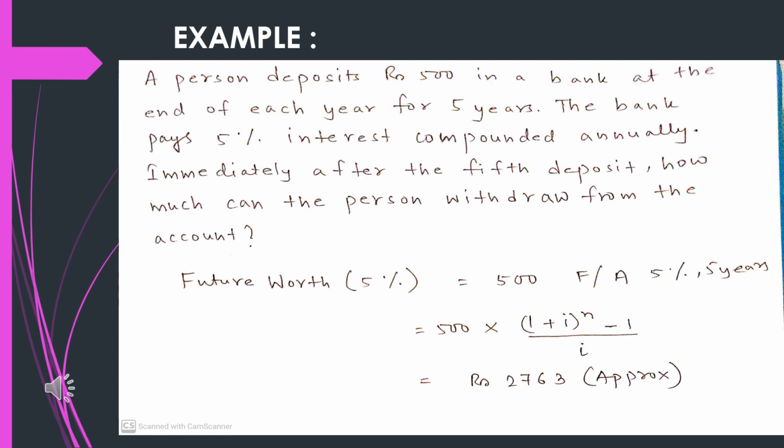We can transfer the value of 500 with the formula (1 plus i) to the power n minus 1, divided by i, multiplied by 500. We get the future worth at 5% to be approximately 2763. So that amount of around 2700 is the figure that the person can withdraw from the bank immediately after the 5th deposit in his account.